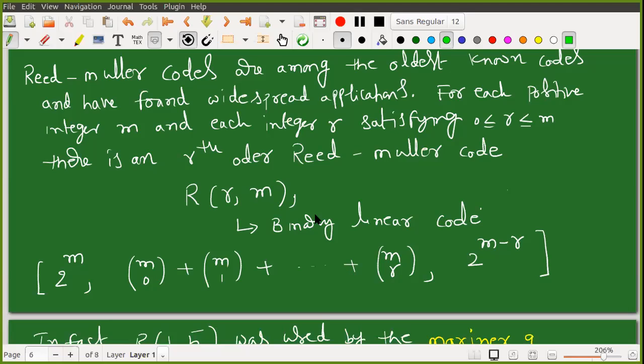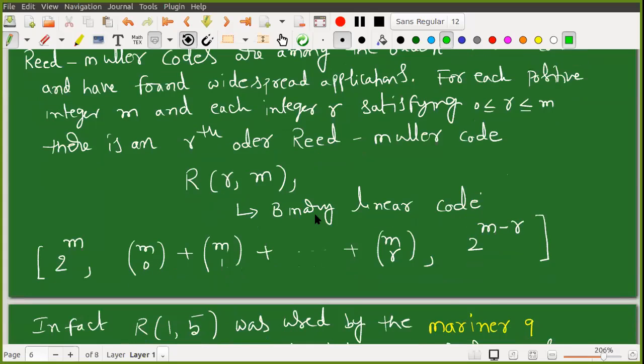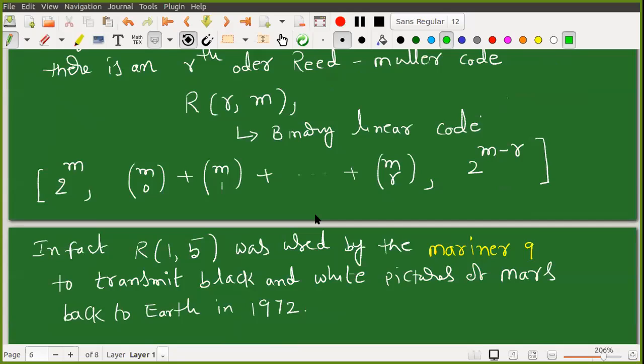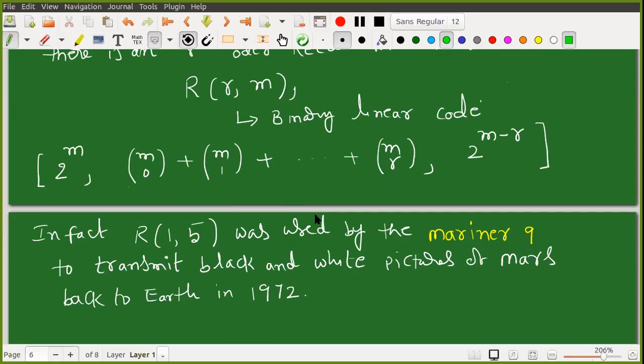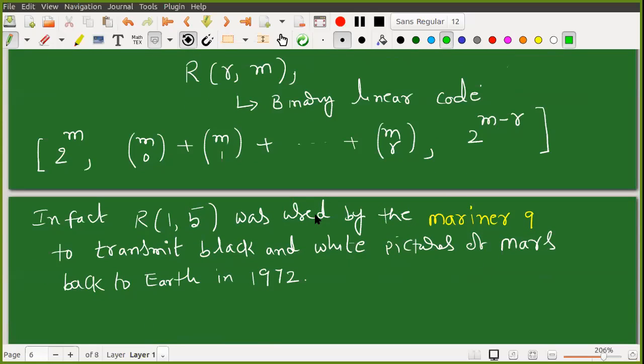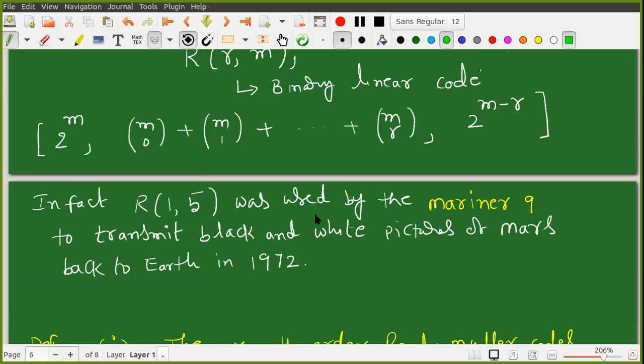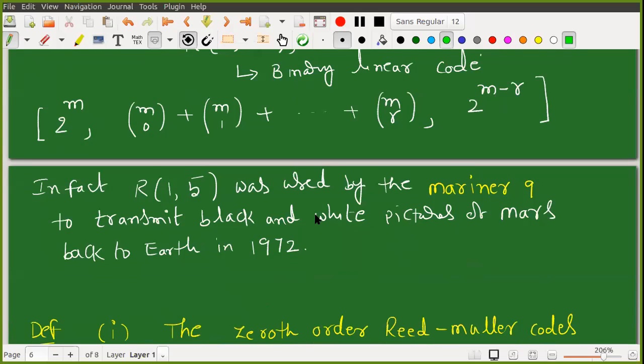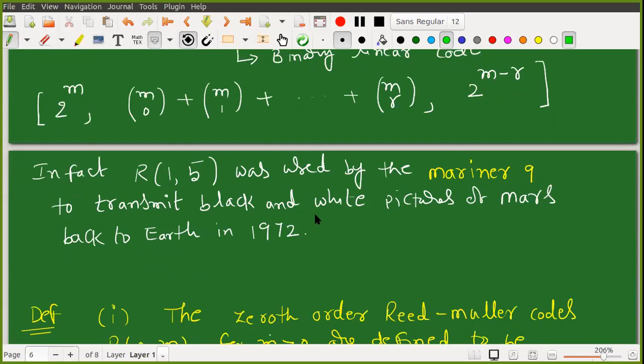Can you conclude from this that it is a perfect code? Okay, right, and the distance is 2 power m minus r. Beautiful, the distance is very big, right? In fact, R1 comma 5 was used for the Mariner spacecraft to transmit black and white pictures of Mars back to Earth in 1972.